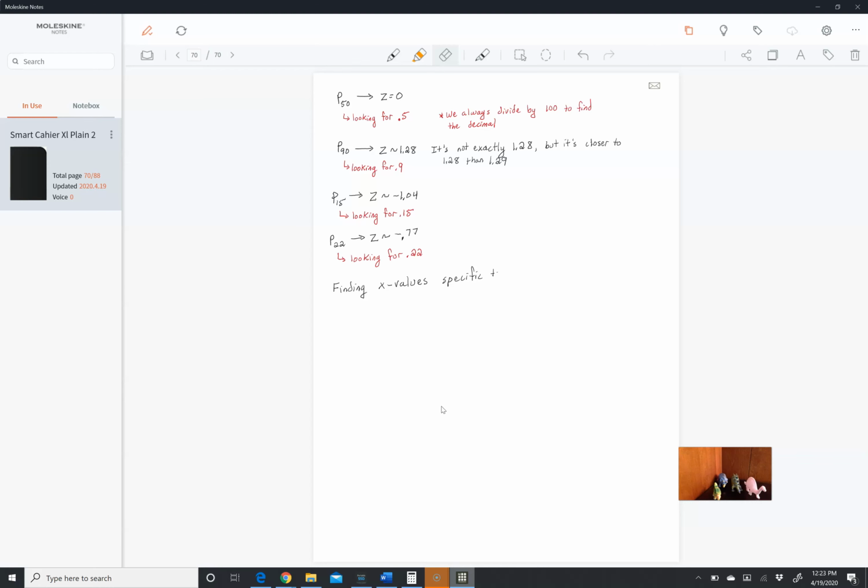This is specific to the data. And the difference here is that when we find the z-score, usually we know what x is and we're looking for z. Now we know what z is and we're looking for x. So we have to solve.